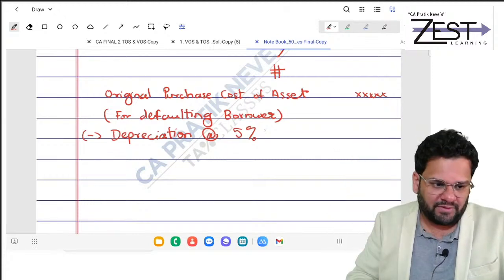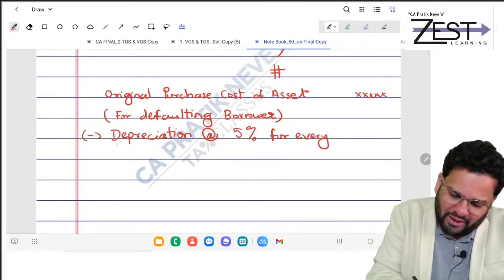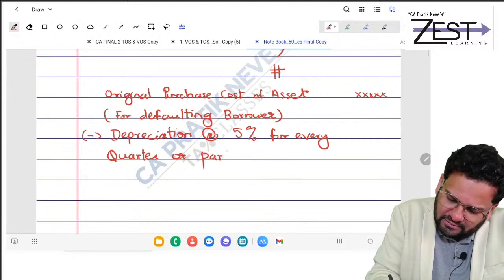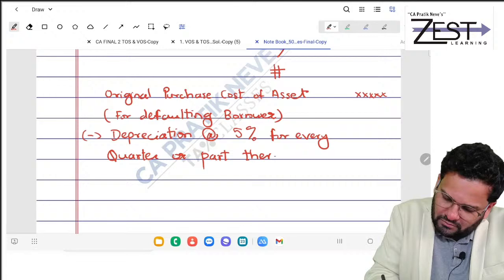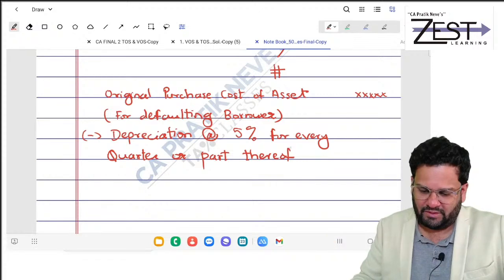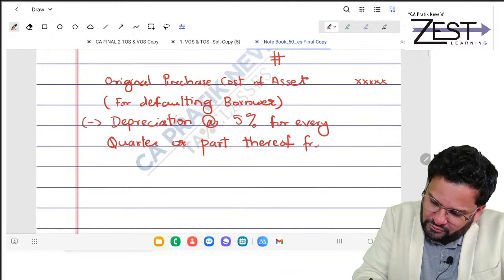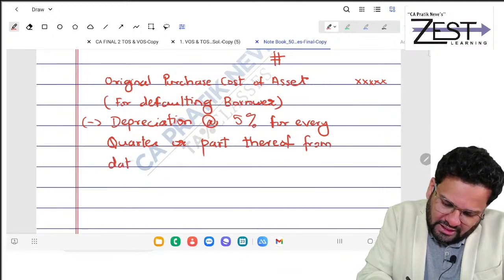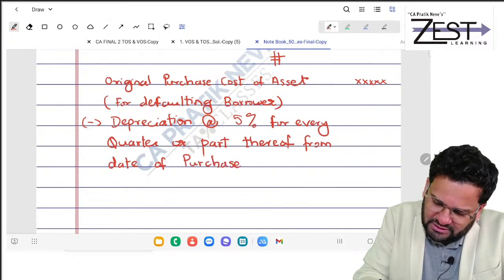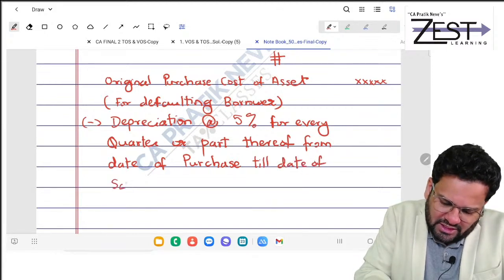It is fixed: 5% for every quarter or part thereof, from the date of purchase till the date of sale.